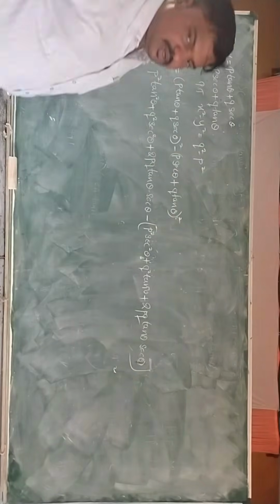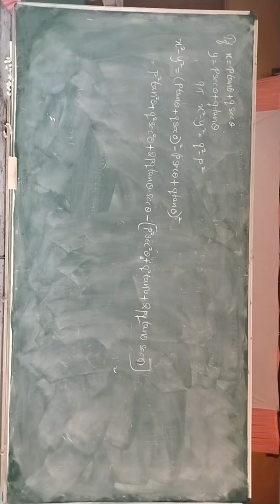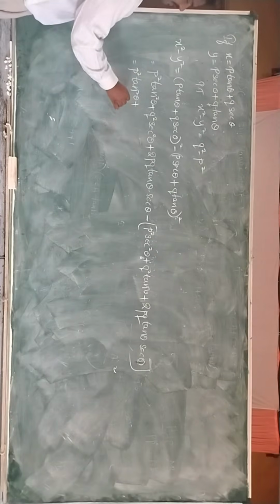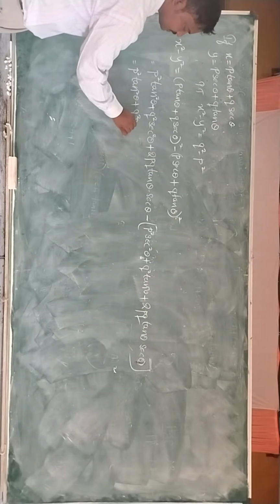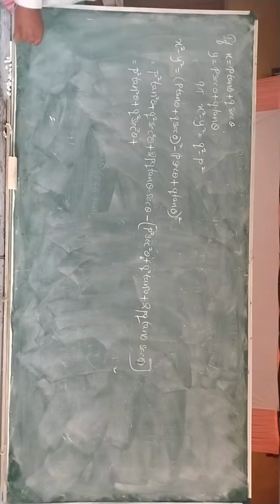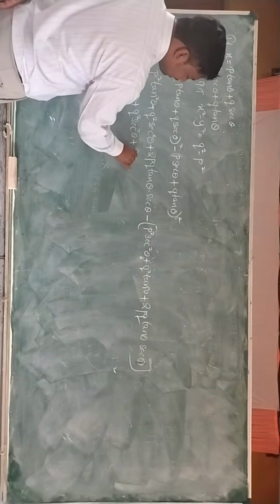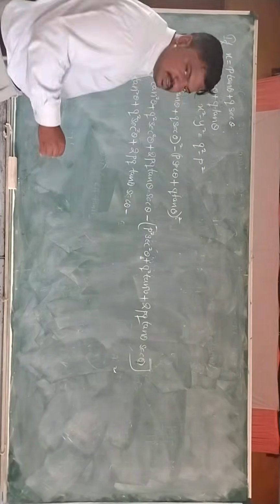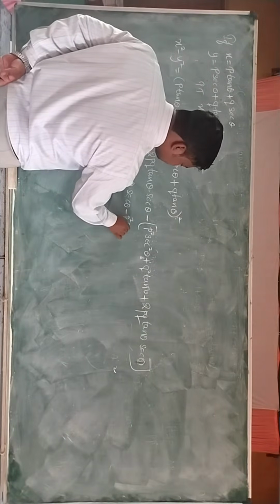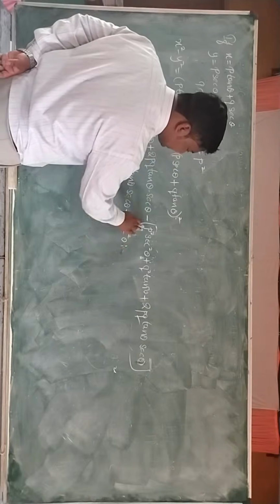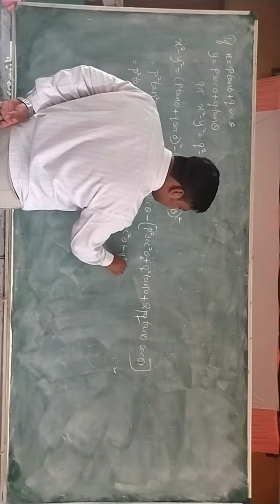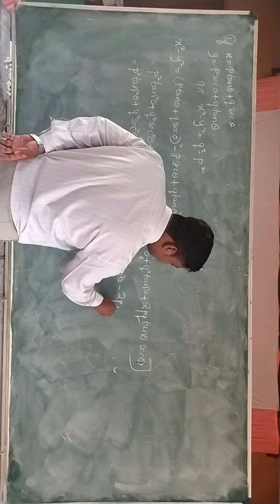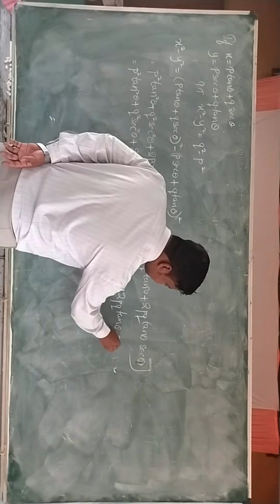Okay, so now you can multiply the minus sign into the bracket. p square tan square theta plus q square sec square theta plus 2 times pq tan theta into sec theta, minus p square sec square theta, minus q square tan square theta, minus 2 times pq tan theta into sec theta.